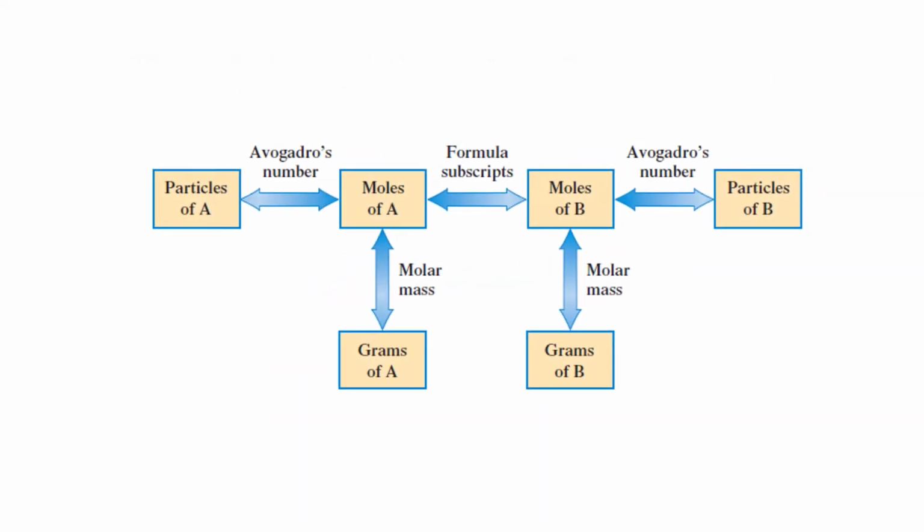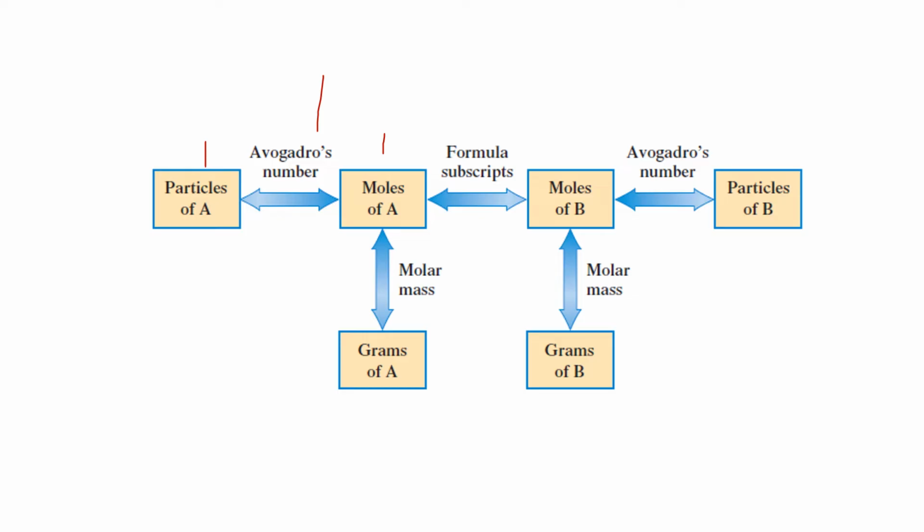Okay, now this is another guide for computing for different substances or units. So, for example, you're given particles of A, and then you want to convert it to moles of A. Gamit lang tayo ng Avogadro's number. Okay, back and forth lang yan, and then it depends on how you set it up kung paano mo siya i-convert.